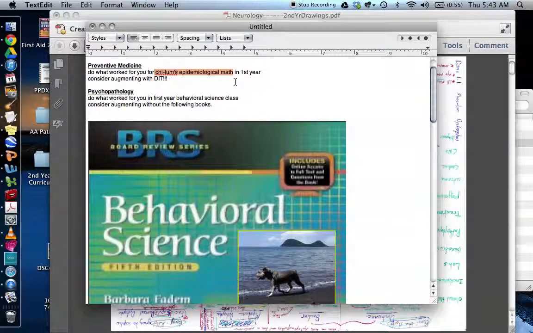And if that's working out for you based on what you saw in first year, then review it hard and you'll be ready again. If you're still looking for somebody to kind of help you get a basis in it, I thought that DIT came in at a pretty elementary level.